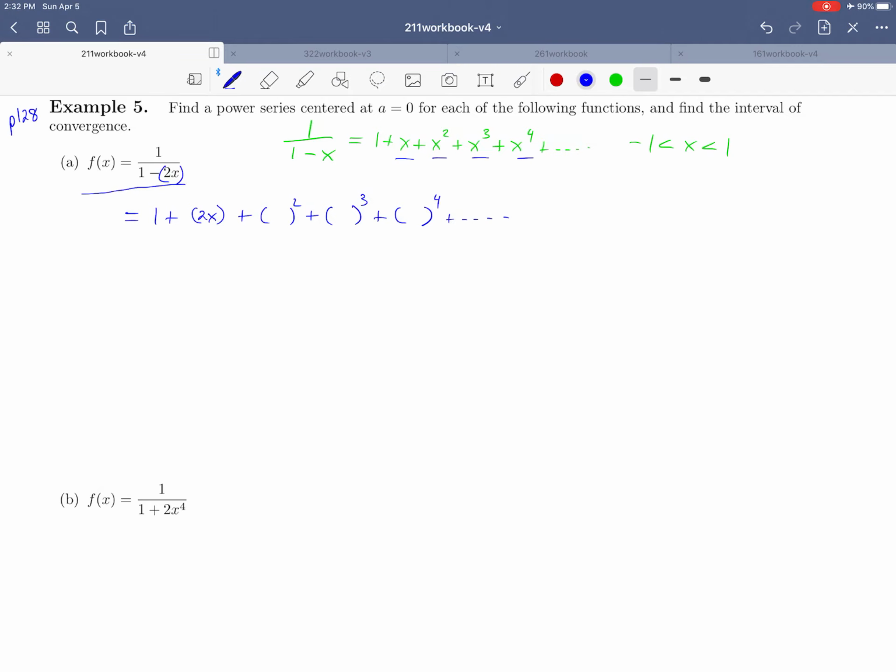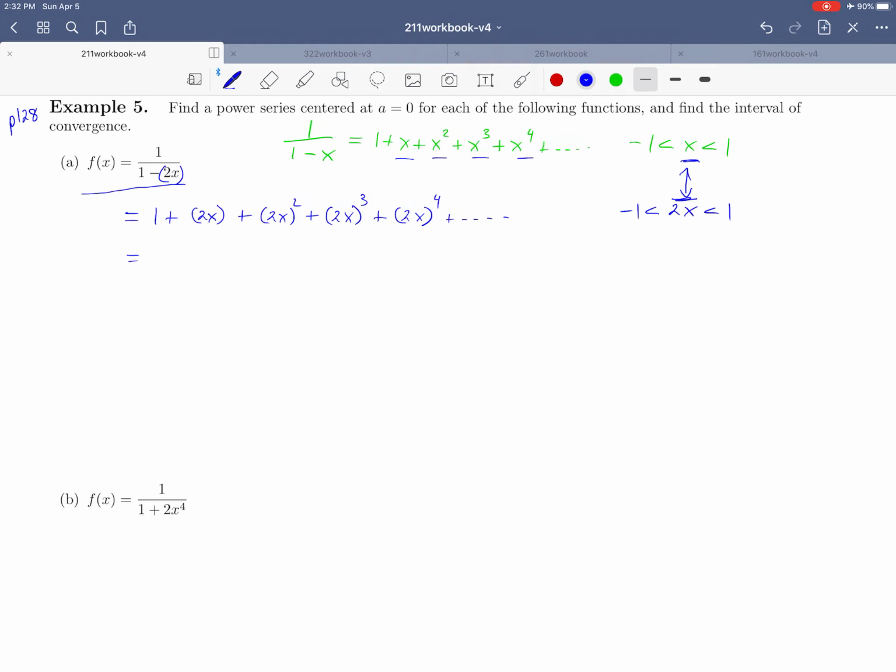So I have 1 plus 2x plus (2x) squared plus (2x) cubed plus (2x) to the fourth. And note that I also should adjust the 2x in my interval of convergence. So this is true as long as 2x is between minus 1 and 1. Just like before, I still have the same fact true about my interval of convergence.